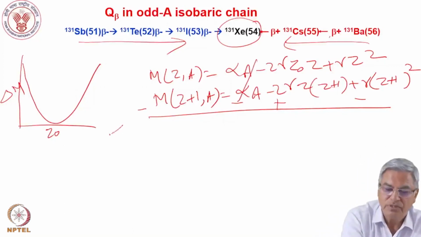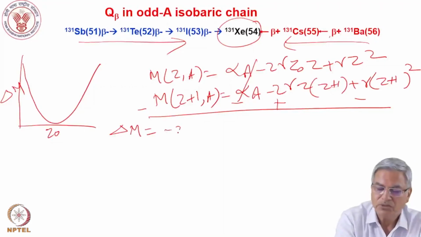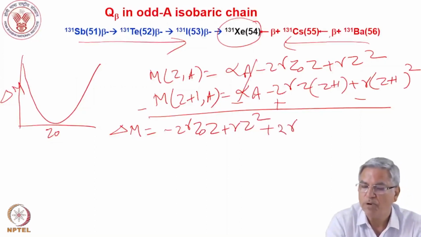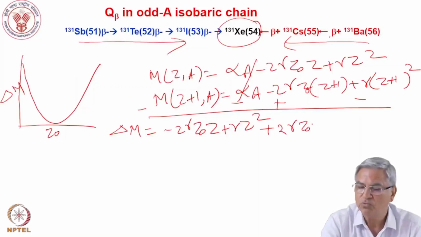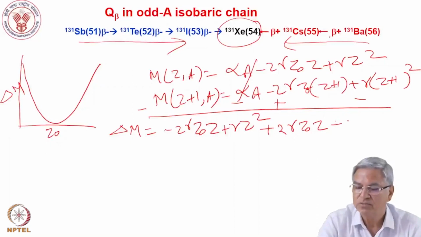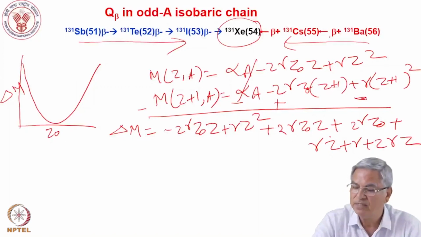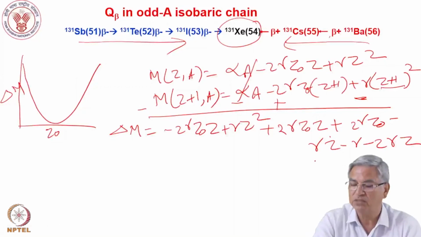So what we have is delta M equal to minus 2 gamma Z0 Z plus gamma Z square plus 2 gamma Z0 (Z plus 1), and since there is a negative sign in front of the Z plus 1 square term, it becomes minus gamma (Z plus 1) square.